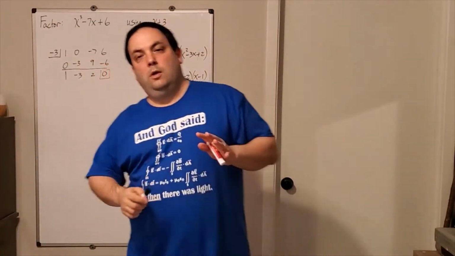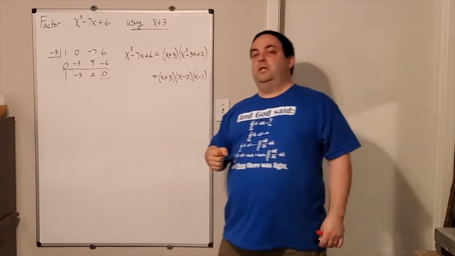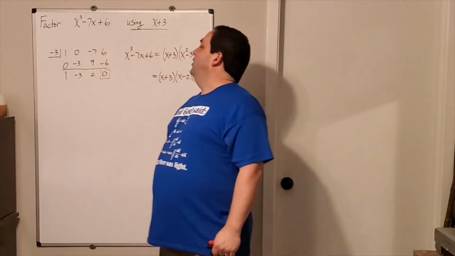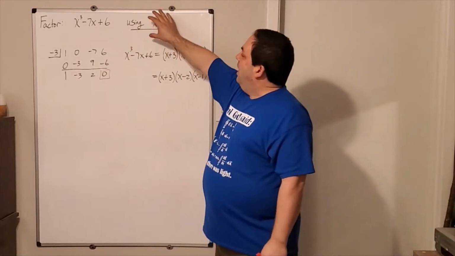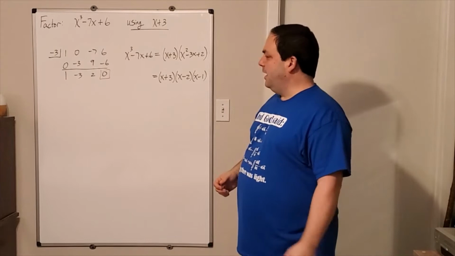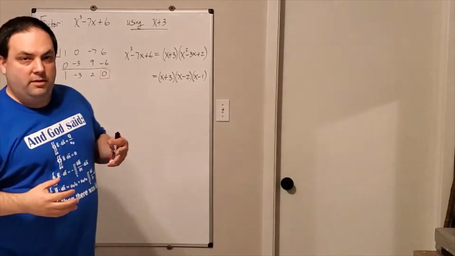So, the key that's missing here is, how did I know the x plus 3, right? Our whole goal was to factor this polynomial, and I magically knew this factor already. Okay, so that's where we want to get to the real theorems here.